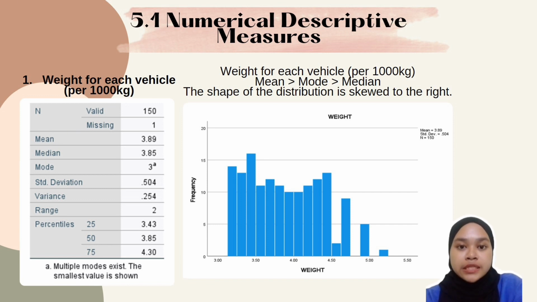The mode in SPSS is 3, less than manually, which is 4.14. The difference is 1.14. The standard deviation and variance for SPSS result are 0.5 and 0.25. The graph on the right side shows the data of weight for each vehicle per 1000 kg.